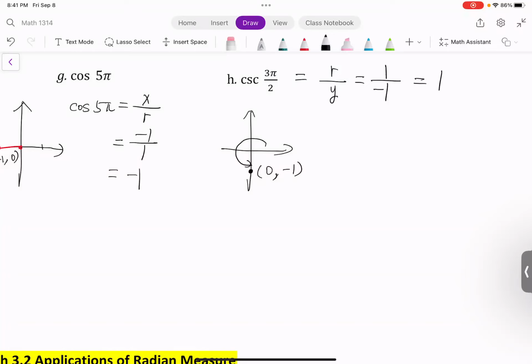Or you say, I still want to find the sine of 3 pi over 2. Find this one first, and then flip it, find the reciprocal, and you also find the solution is -1 because you have the negative sign here. All right, we are done for the 3.1.